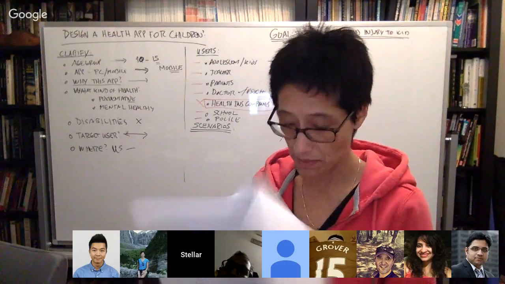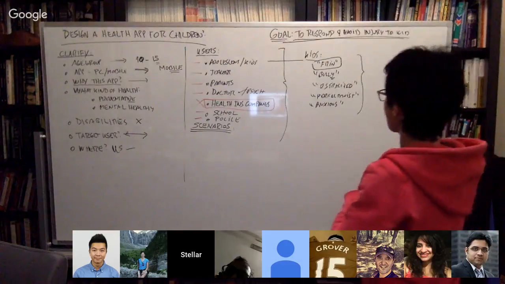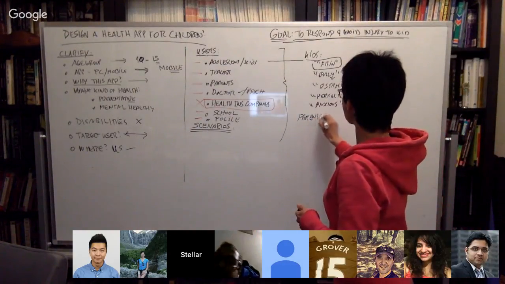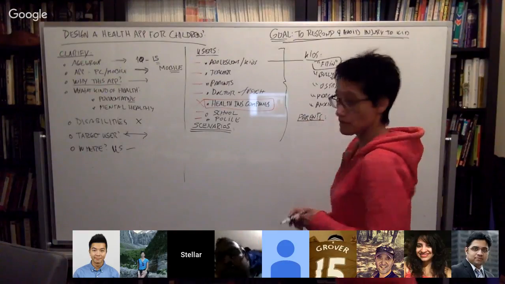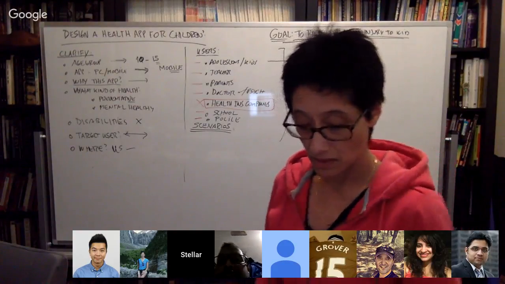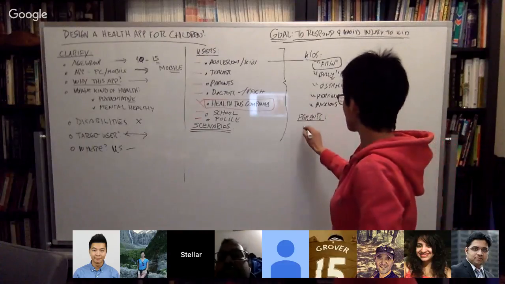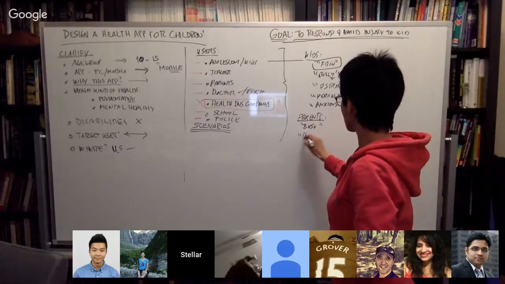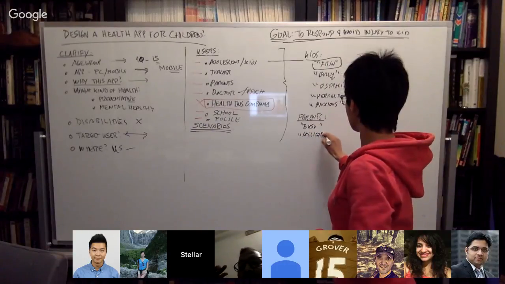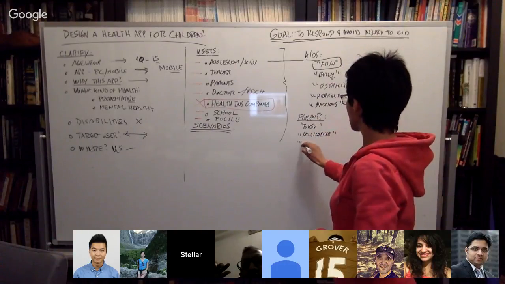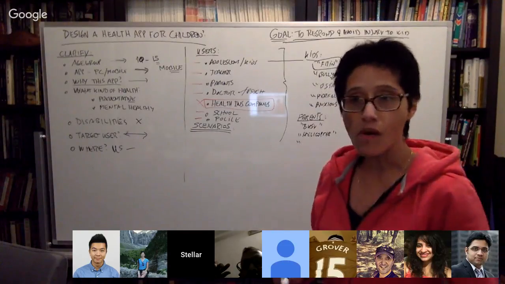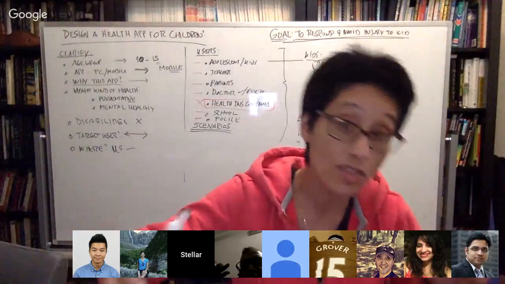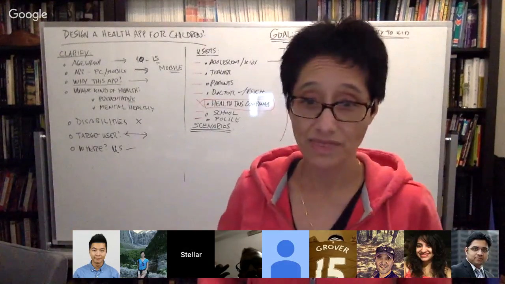How about parents? What kinds of parents are there in terms of their attitudes toward their kids? Busy working parents. Helicopter. What do you mean by helicopter? They're constantly observing their kids, and they don't want them to get injured, like overprotective.